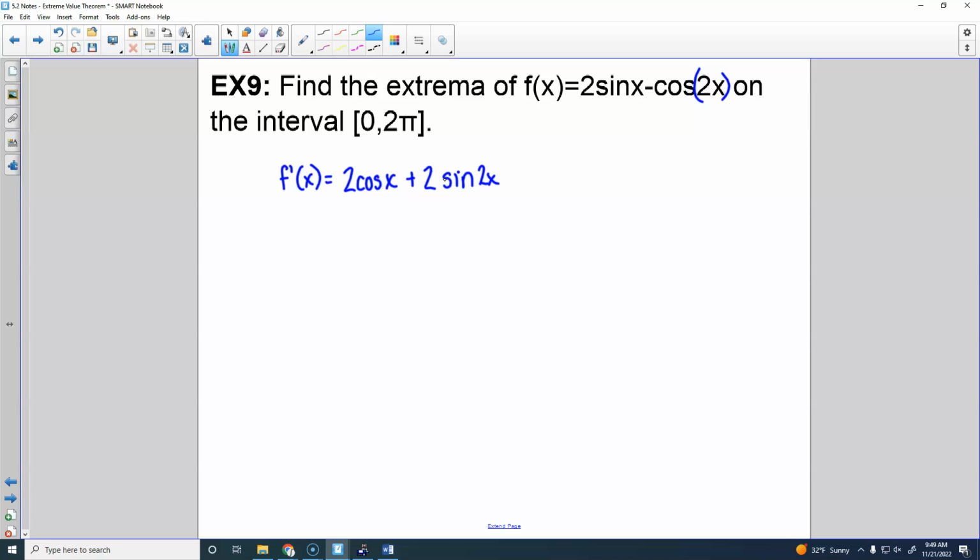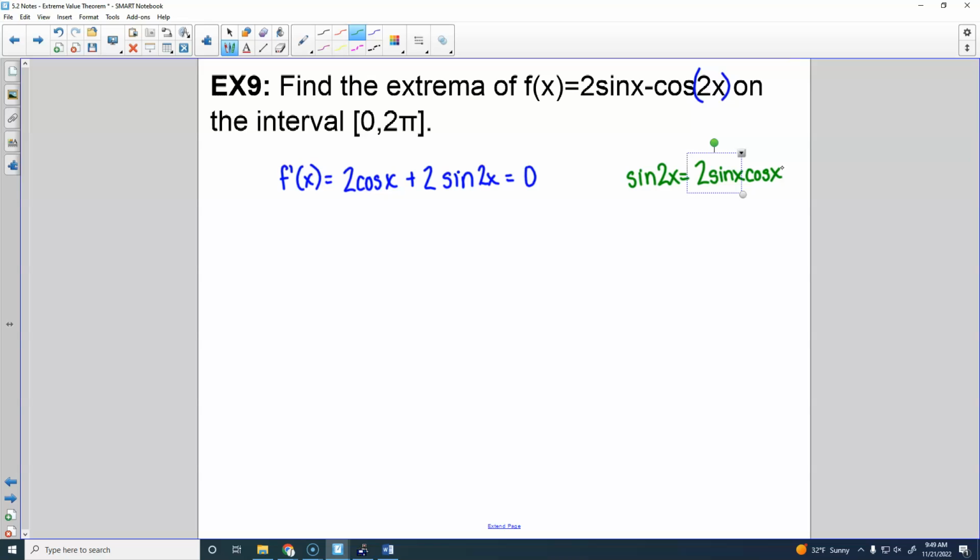All right, so this is going to require a little trig memory. We did do these, but we did not do them very much. There is an identity for sine of 2x. Anybody remember it? Let me add this to a formula sheet. It is 2 sine x cosine x.